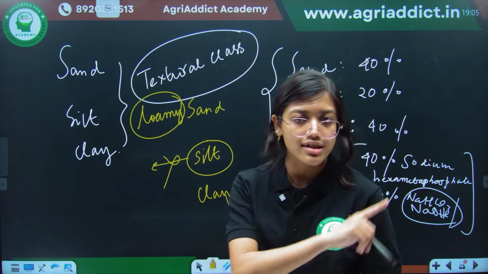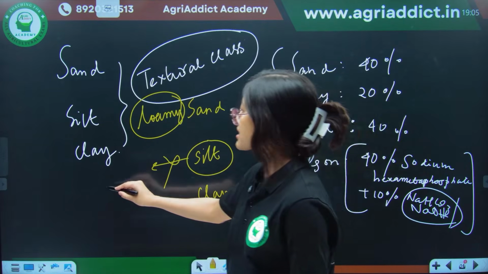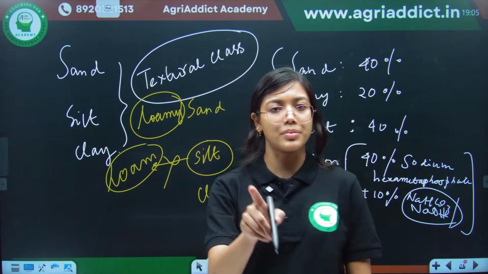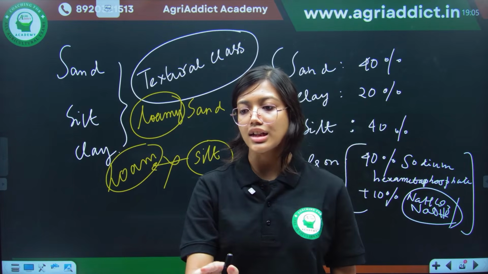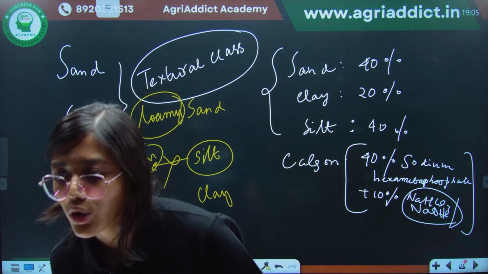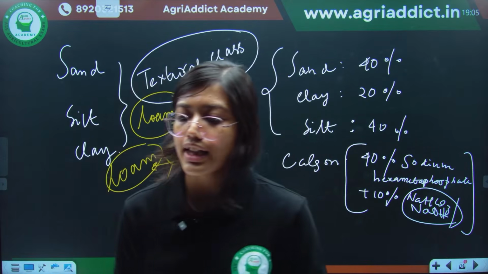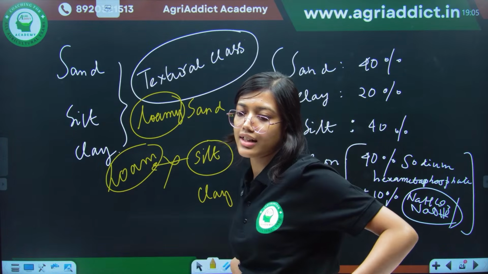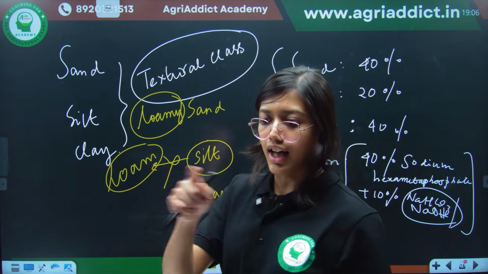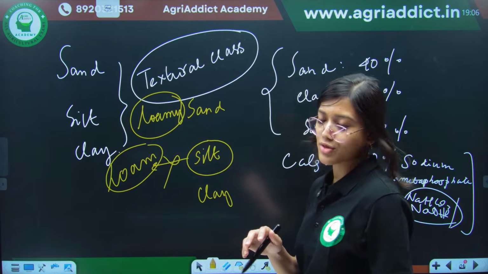Silt is not a textural class. Instead the textural class is called loam. So silt is a primary separate, but it is not a textural class. The textural class is given by loam. It is given by Milton and Whitney. But again another question I'll throw at you, just wait for a second.